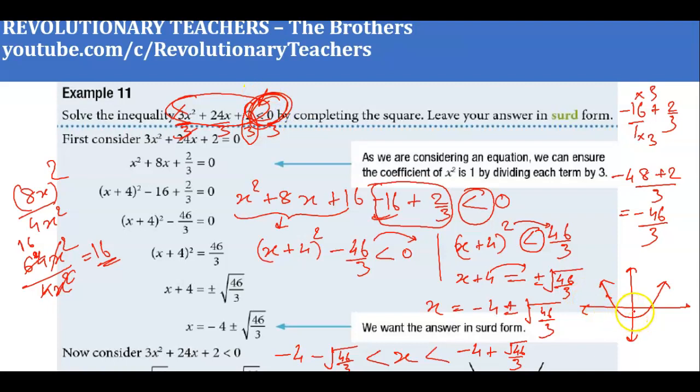Means your answer would be this. Because for all this, you will get y negative, right? Okay children, x must be greater than and then less than. I hope this is clear to you all. Your final answer is this.